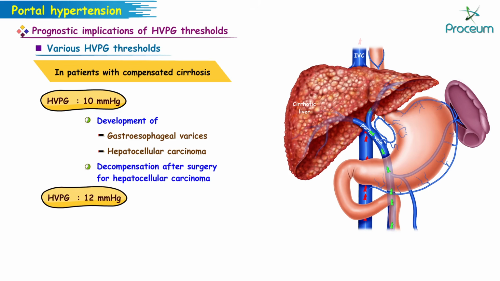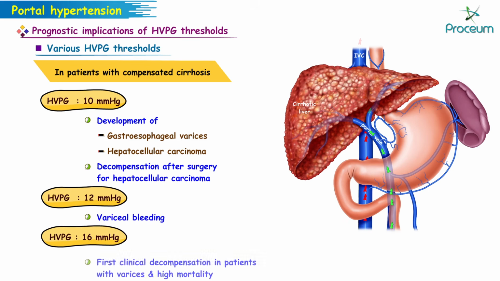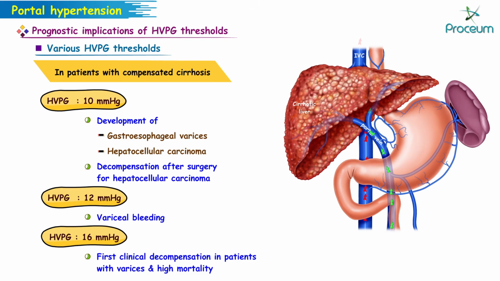If the hepatic venous pressure gradient is 12 millimeters of mercury, there's a likelihood of causing variceal bleeding. If the hepatic venous pressure gradient is 16 millimeters of mercury, the first clinical decompensation in patients with varices and high mortality can occur in patients who have compensated cirrhosis.